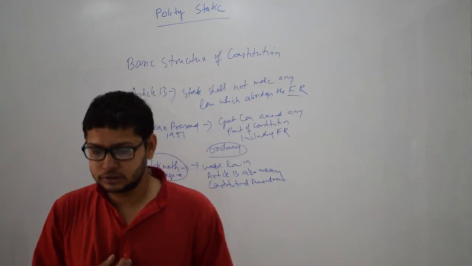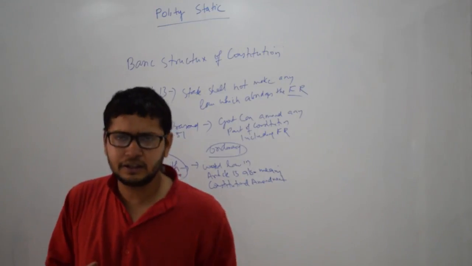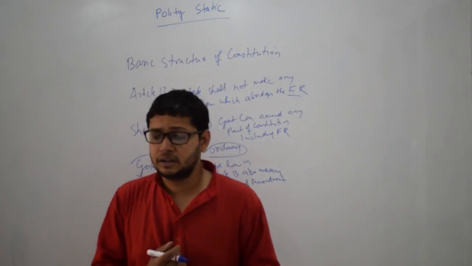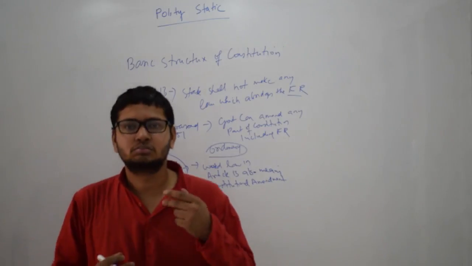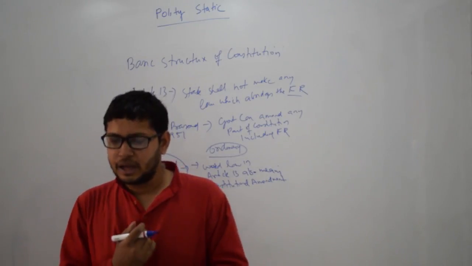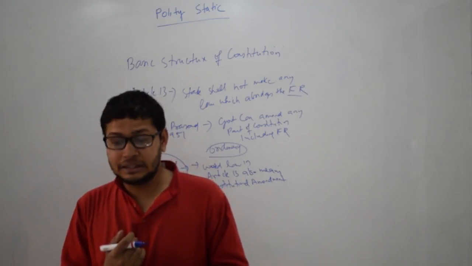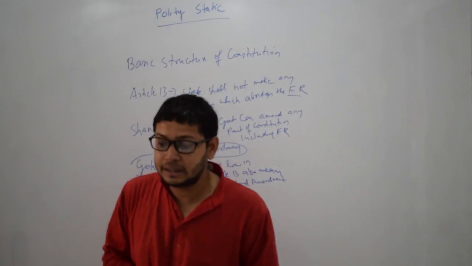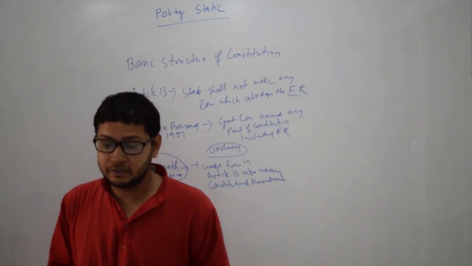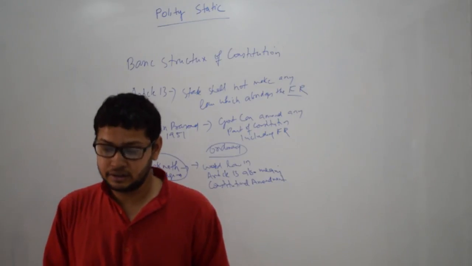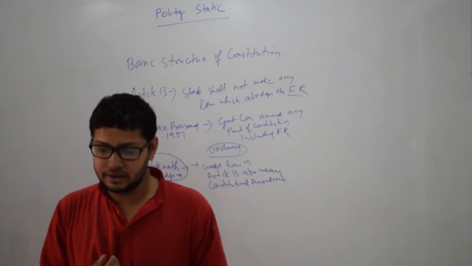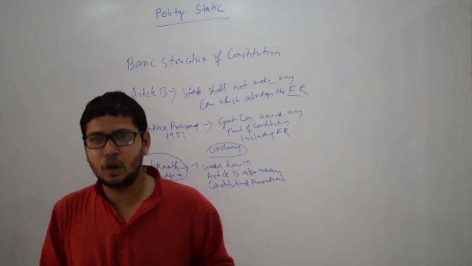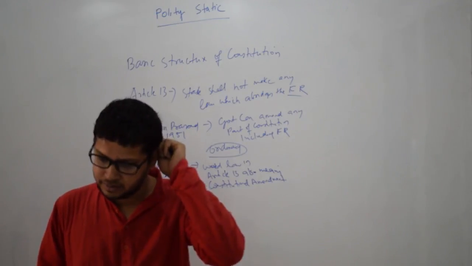So what was the government's reaction? We have done earlier that the government enacted the 24th Amendment, and this Act amended Articles 13 and 368 and declared that Parliament has power to abridge or take away any fundamental right under Article 368, and such an Act will not be a law under Article 13.